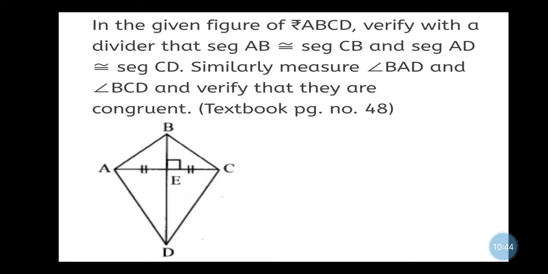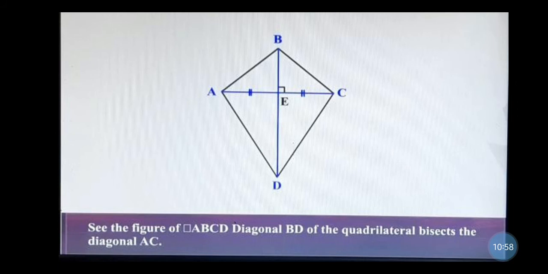This is your kite, that is the quadrilateral ABCD. Diagonals BD and AC intersect at point E. Here AE is equal to EC. See the figure of quadrilateral ABCD. Diagonal BD of the quadrilateral bisects diagonal AC.